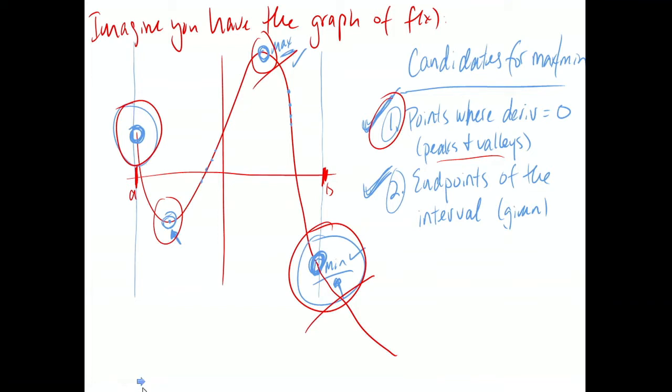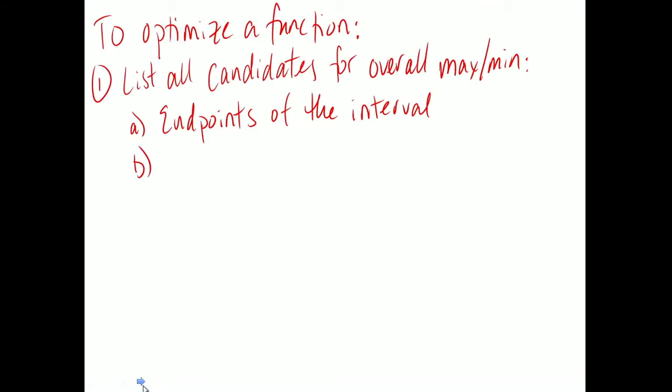Okay, so these have a fancier name, which I'll give to you here. We also want to check for the local max and min. Again, the question of optimization is we're trying to find the overall max and min. In other words, where does this have its overall highest and lowest values? Well, local max and min is a good name because, what does local mean in English?